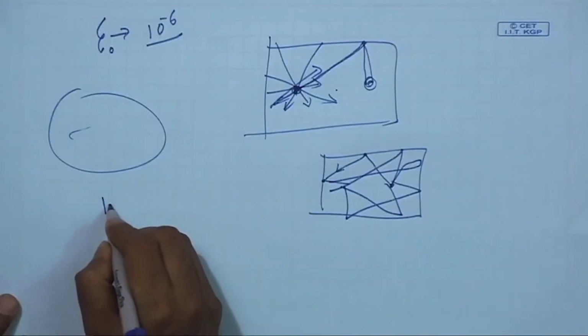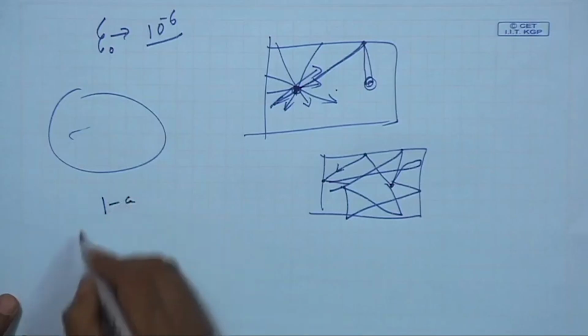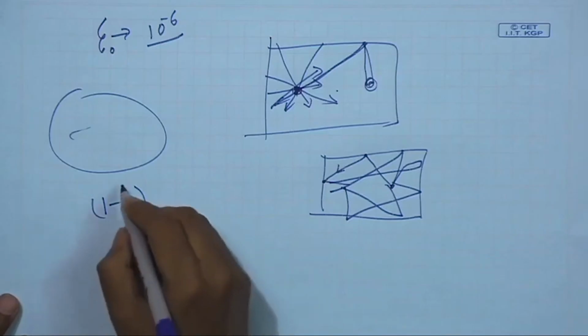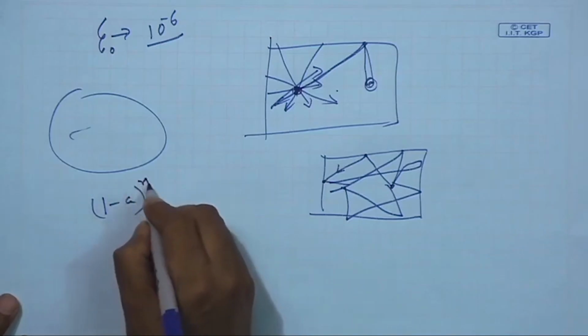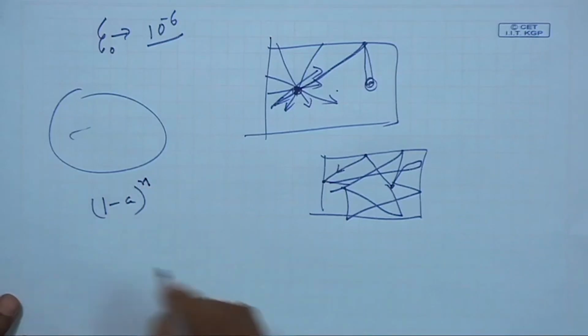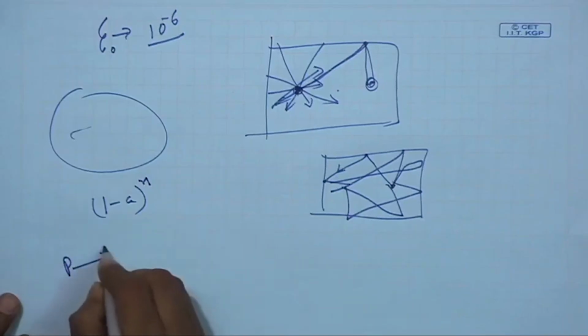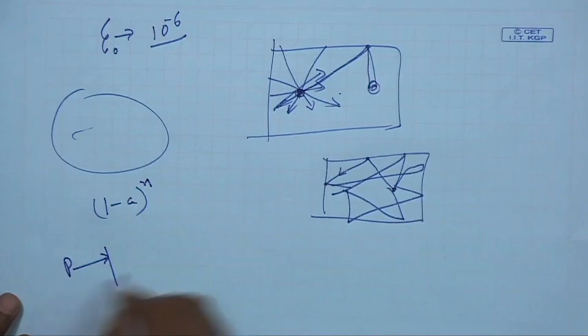So, every time the ray strikes the wall, the absorption coefficient is A, so 1 minus A will be reflected. If it falls on the wall n times, it will be to the power n. So, you have to understand: let P be incident on the wall the first time. What is the reflected power?